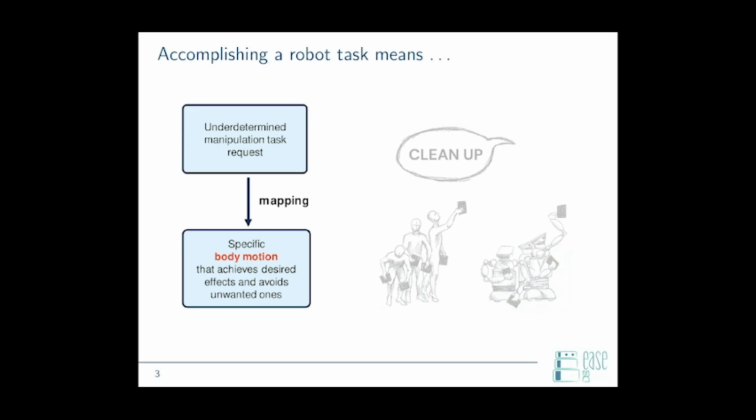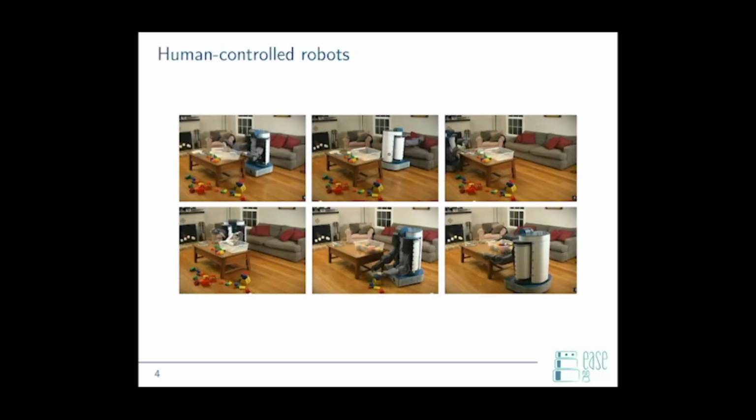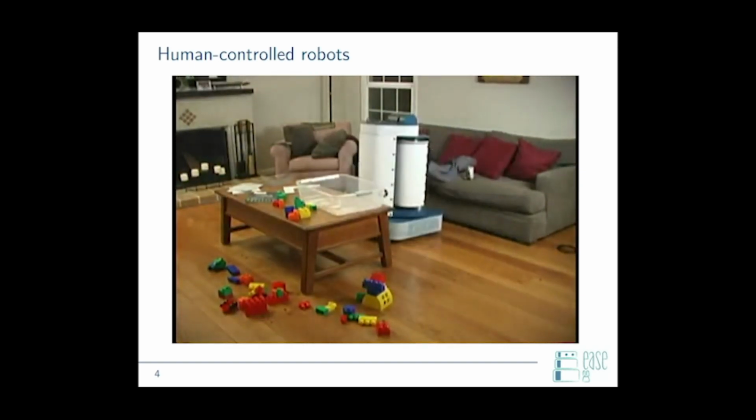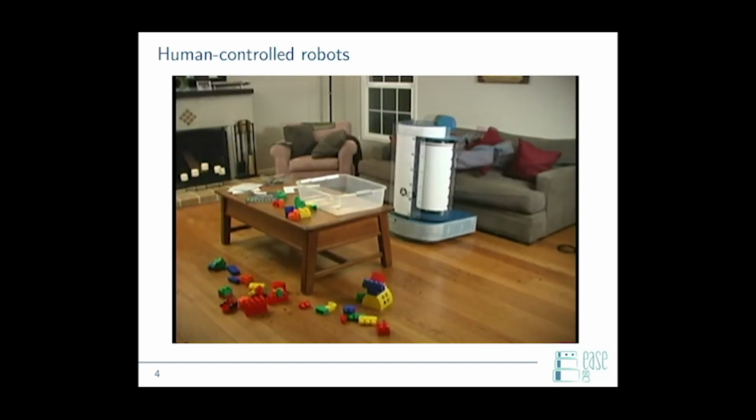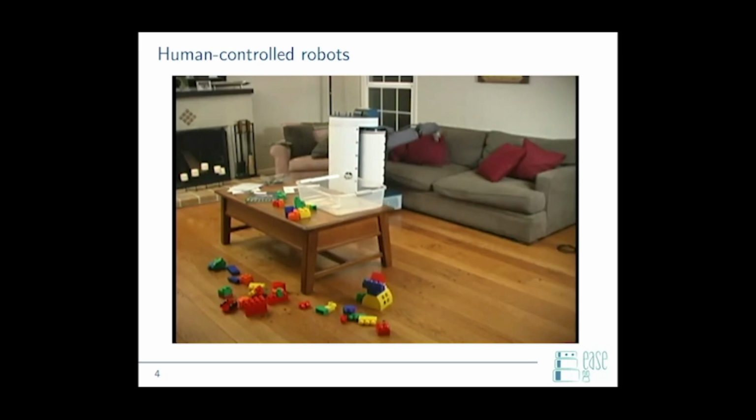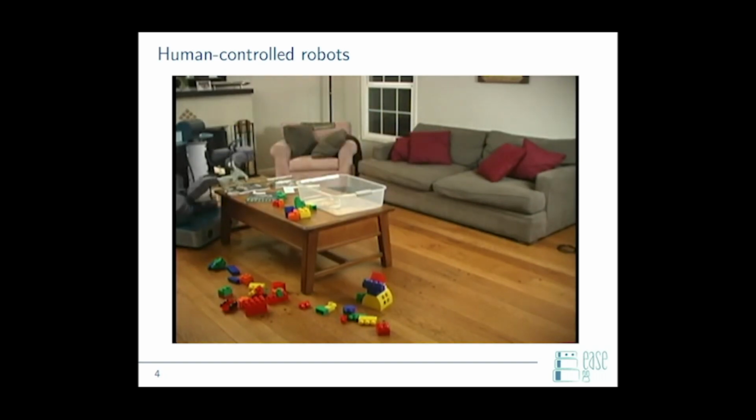But if we take humans and give them control over robotic devices, tasks like clean up the living room are perfectly manageable, right? So we see here a human remote controlling a robot to clean the table. And we see that a robot can do so.